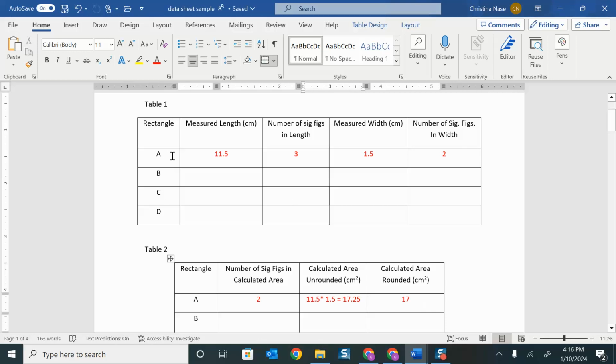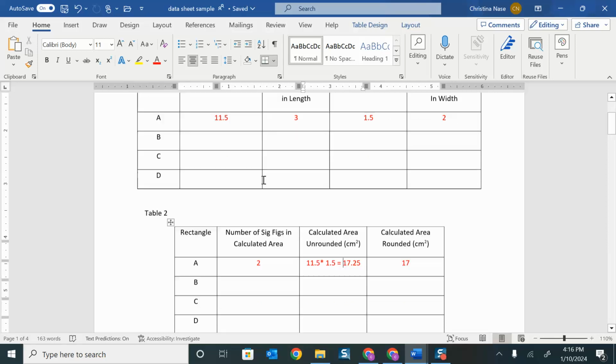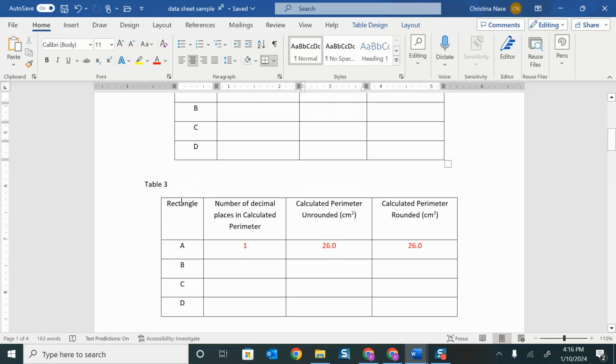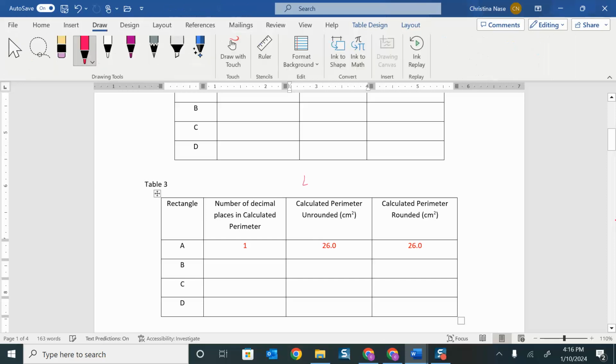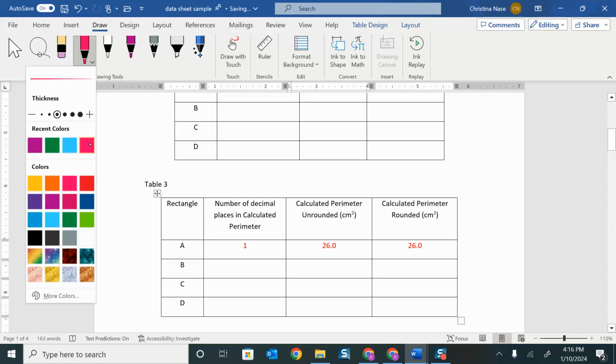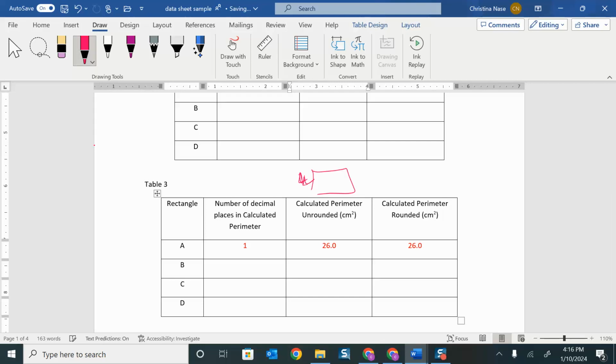You're going to do the same thing for the 4 rectangles that are on the table. This is for ruler 1, and that's to calculate the area. To find the perimeter, you add up all the sides. So the perimeter is going to be the length plus the width, length and width, adding all those up.